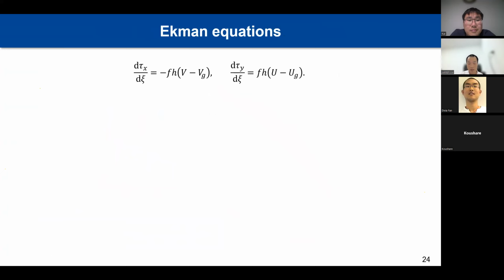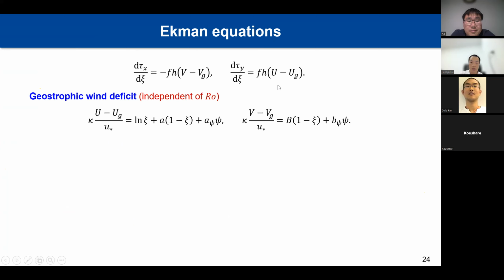Now we know the wind profile. Then we can solve the Ekman equations to get the profiles for the turbulent shear stress. Here we once again list the Ekman equations. The right-hand side is nothing but the geostrophic wind deficit.